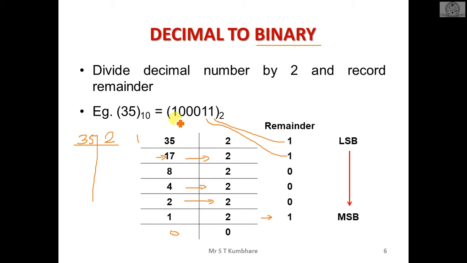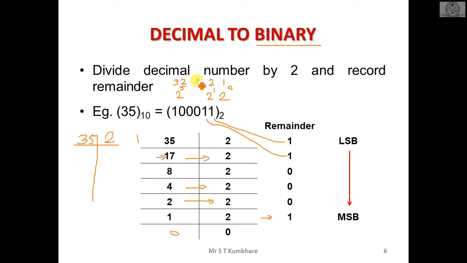What you have to do? You have to multiply these bits with their positional value. So this has positional value 2 raised to power 0. Its positional value is 2 raised to power 1, and so on. Since these are 0, no need to take care of them. So 2 raised to power 2, 3, 4, 5. 2 raised to power 5 is 32; you can check it in a calculator. 2 raised to power 1 is 2, and 2 raised to power 0 is 1.